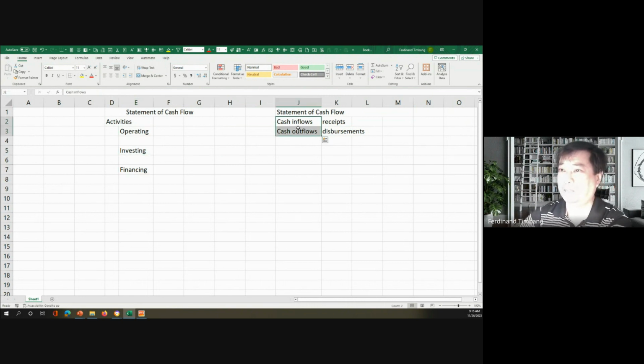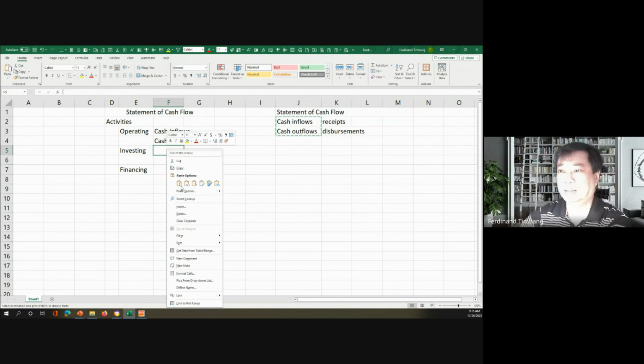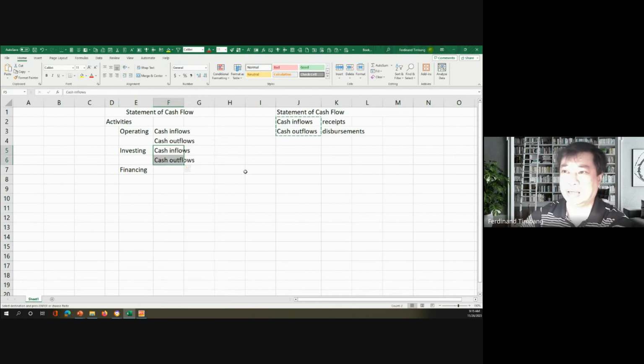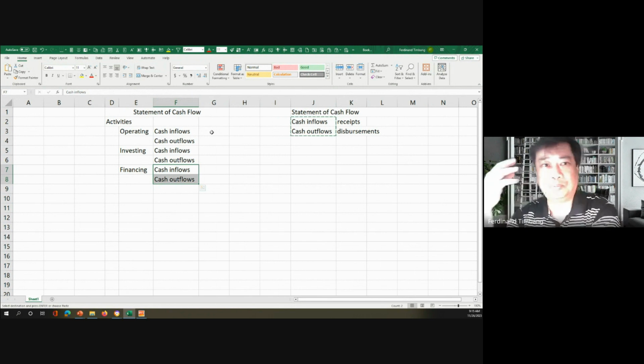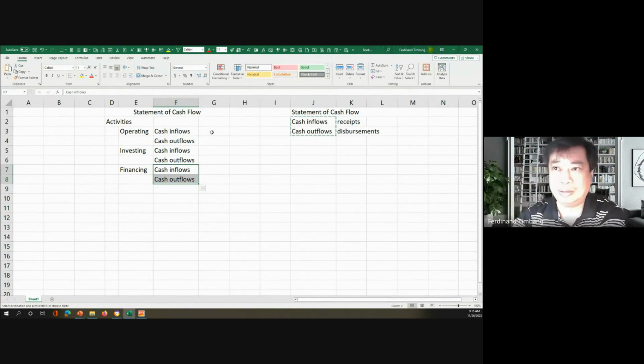For all of which, ang tinitingnan lang natin, yung cash inflow and cash outflow under the operating, the investing, and financing. For the operating, we're talking of the operations of the firm primarily.